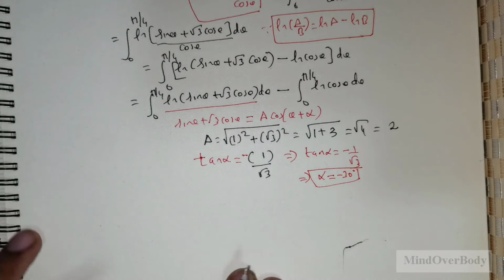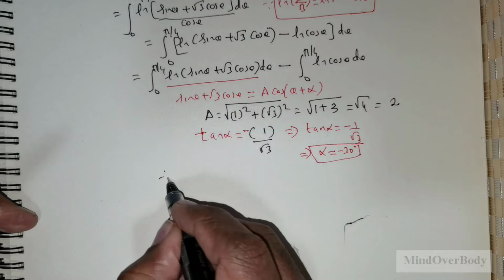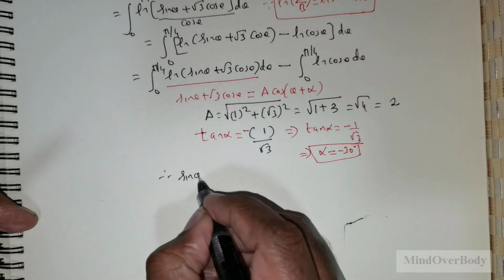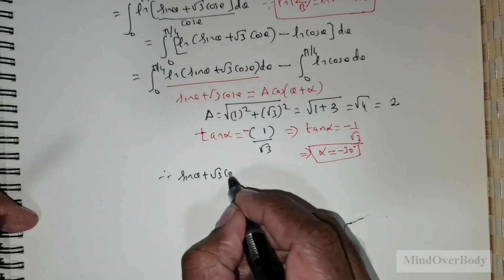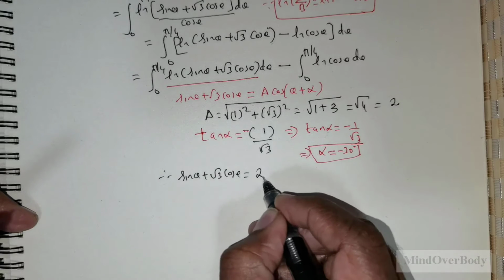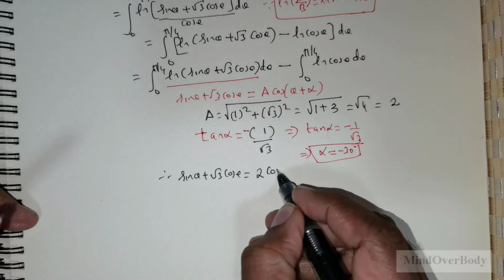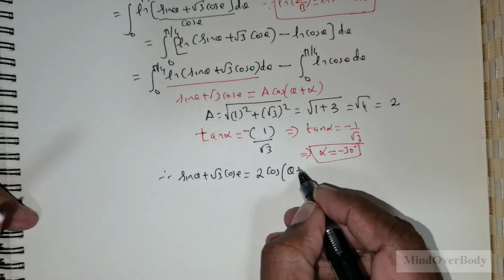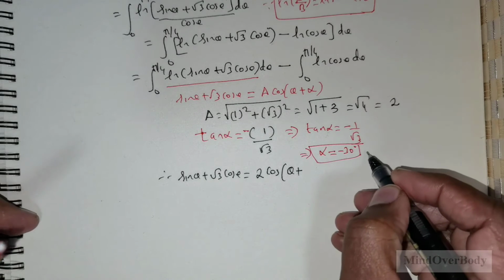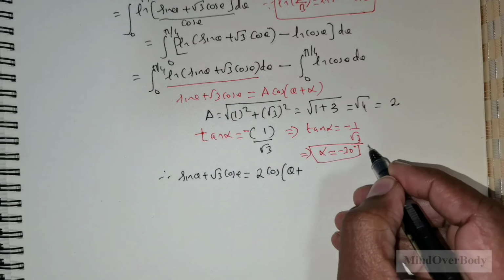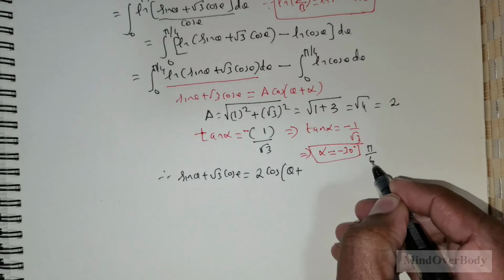So this is the value that we have got. Therefore, sin theta plus root 3 times cos theta can be rewritten as 2 times cos of (theta minus 30 degrees). Now 30 degrees is actually pi divided by 6, right?